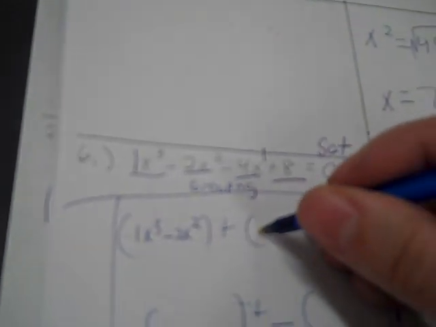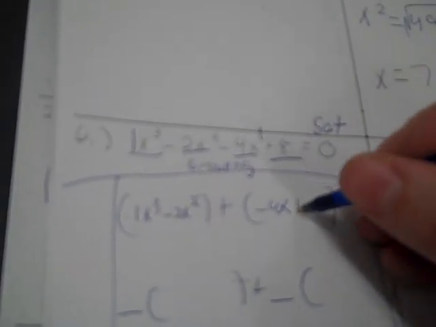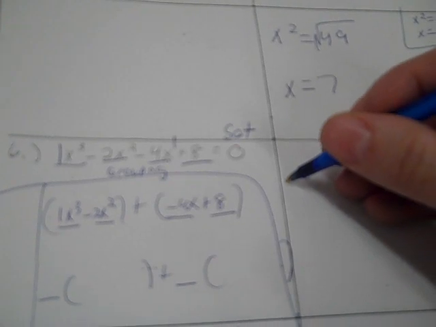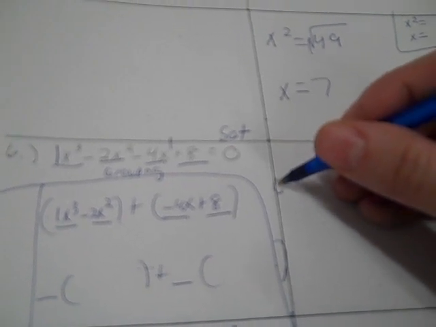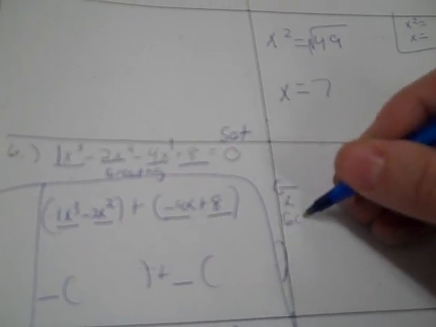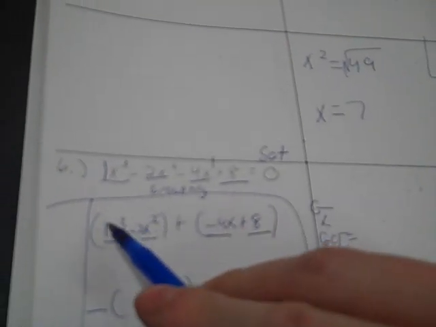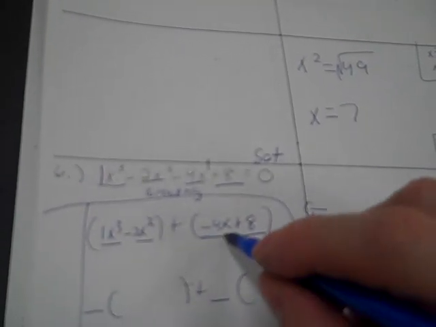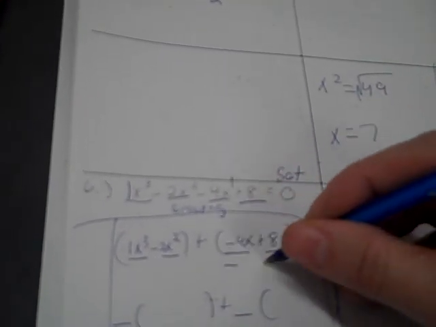Okay, so we have 1x to the power of 3 minus 2x to the second, and then negative 4x. I'm not going to put a first power, plus 8. Remember what we're trying to come up with here, the GCF, so you go negative x and then GCF. Now 1 is not negative, but the 4 is, so I'll need a negative in the second one.